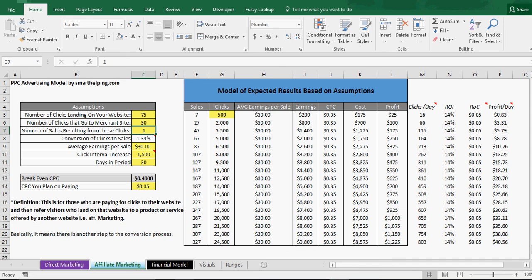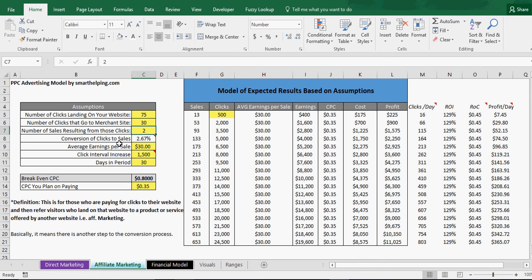I think that was it. Yeah. That's the difference between 1.3% conversion and 2.67%. A 1% conversion rate increase is increasing your profit by that much, basically by $3,000. So the better you can convert, it's going to be huge.